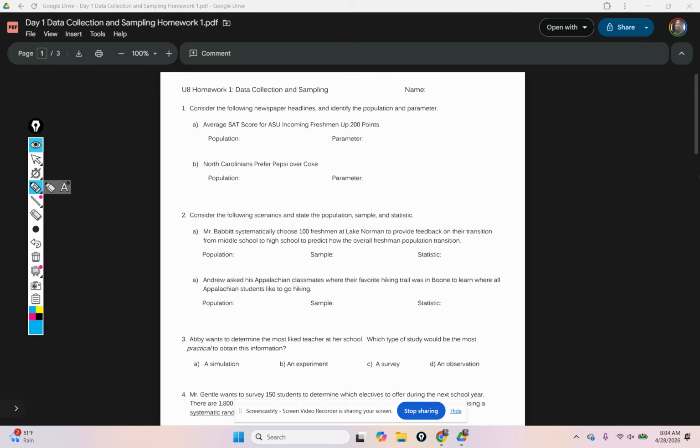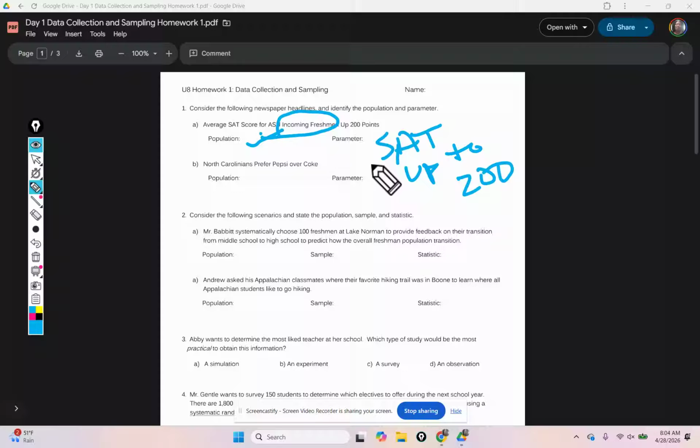So if I'm looking at the population for that, my population would be the ASU incoming freshmen. That's my population. And then my parameter would be SAT up to 200 points. That would be my parameter for that one.